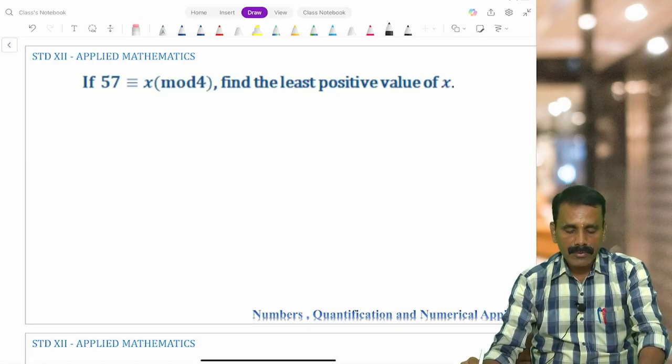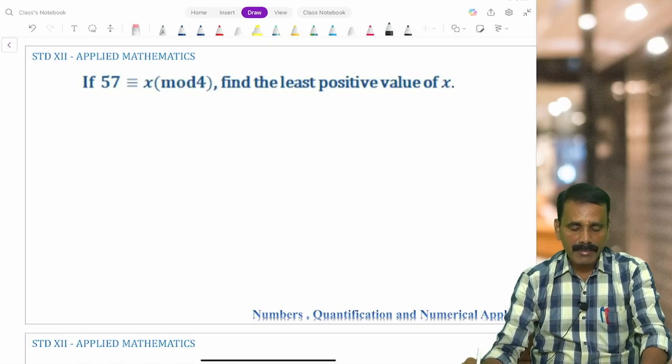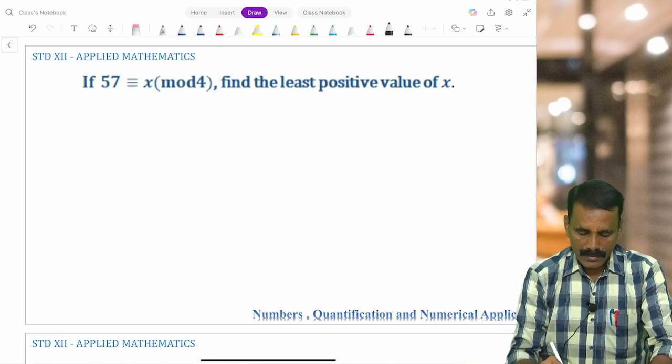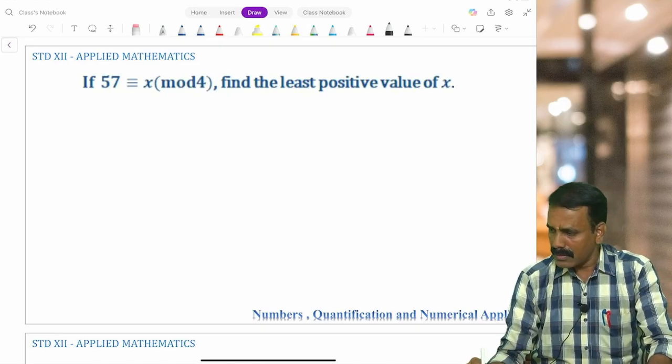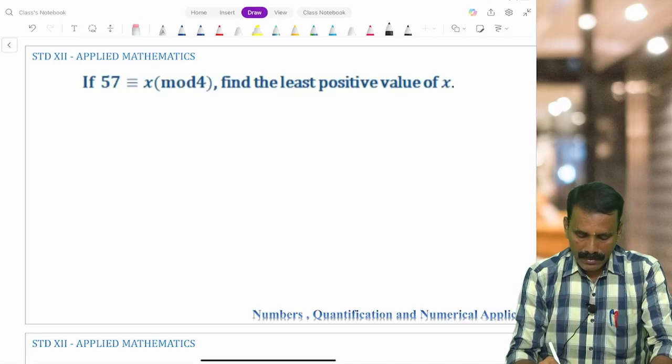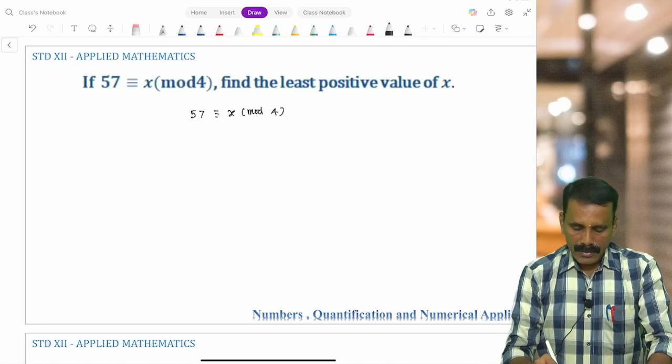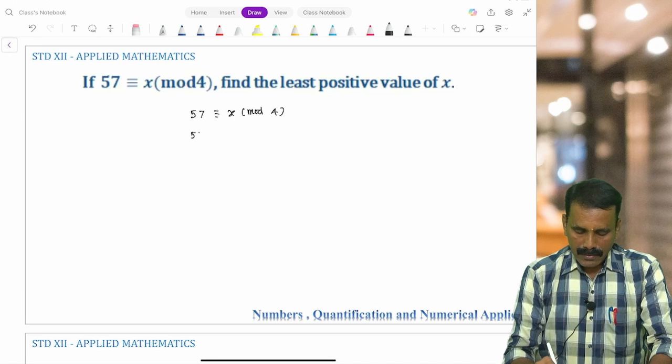If it is a very simple question, it will be done like this. 57 is congruent to x mod 4. Okay. 57 minus x is divisible by 4.